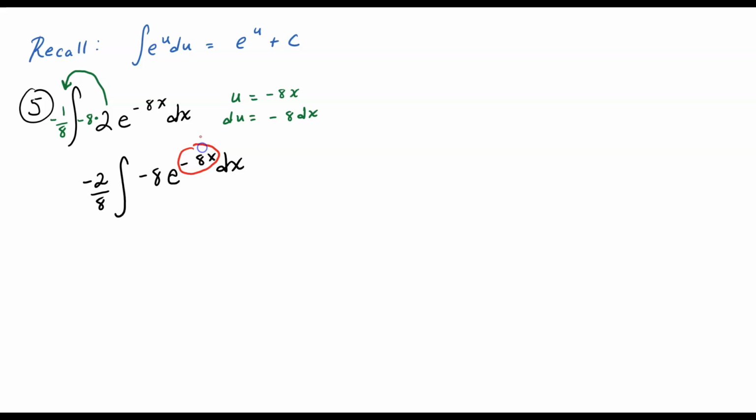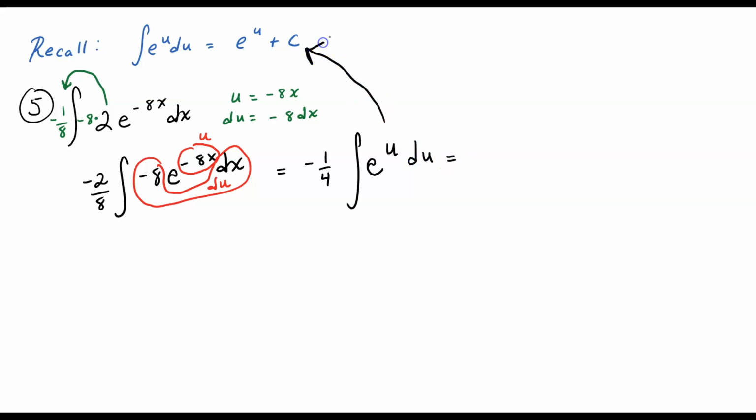This right here represents my u, and this negative 8 dx represents my du. I can reduce the negative 2/8 that was outside, and I can write it as negative 1/4, the integral of e to the u du, and then it fits this form over here.